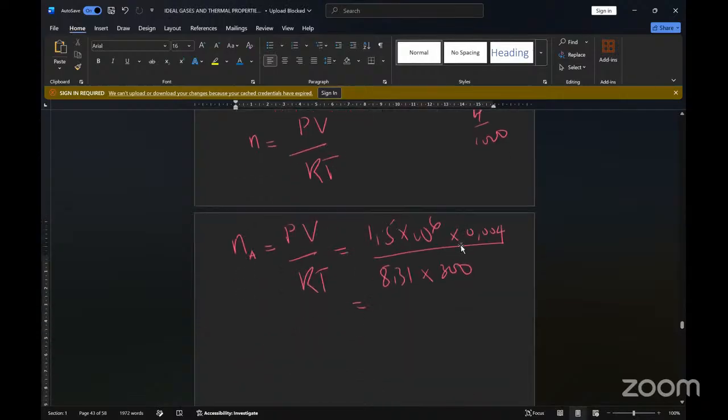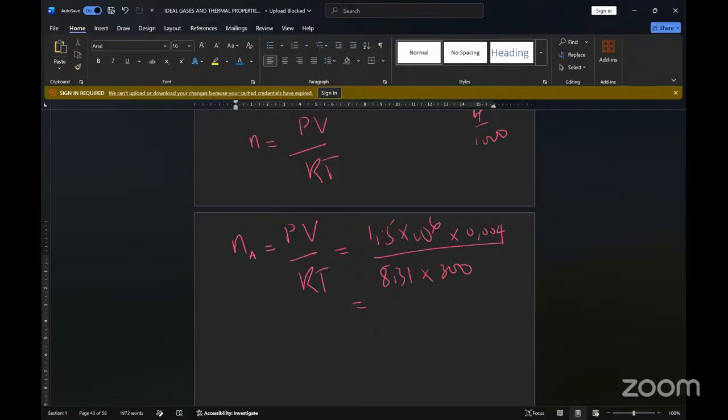We can make it 15 times 10, so it's going to be 1,5 and then we add 5 zeros to it. So 1, 2, 3, 4, 5. Times 0,004. What is the answer?